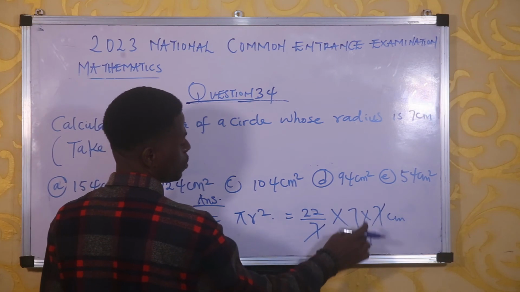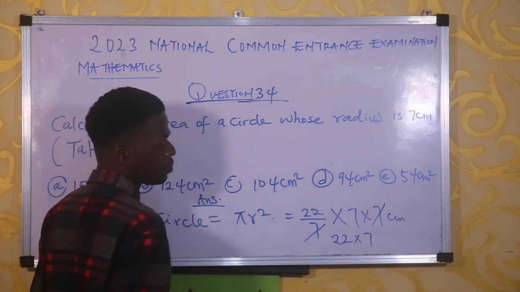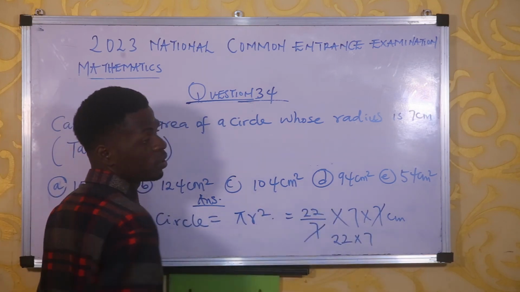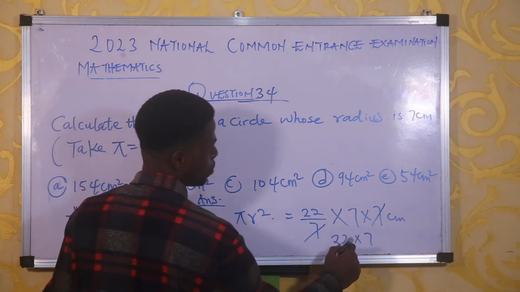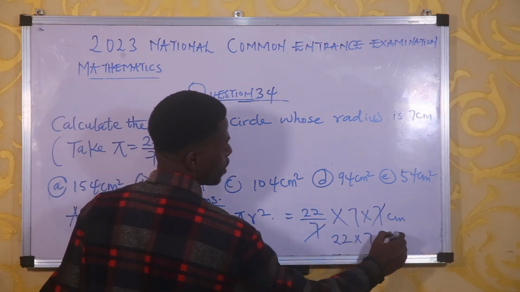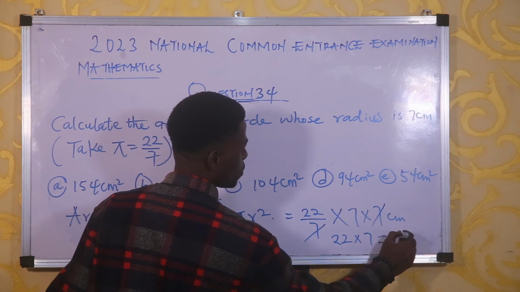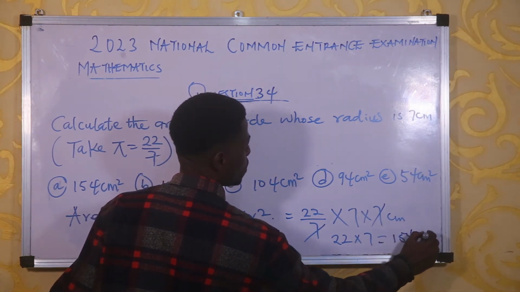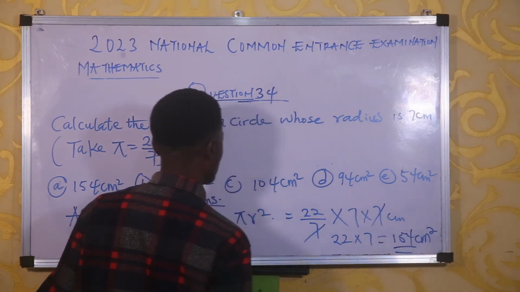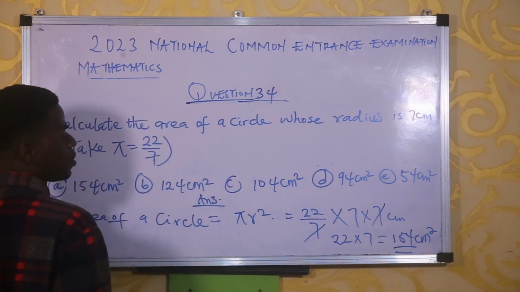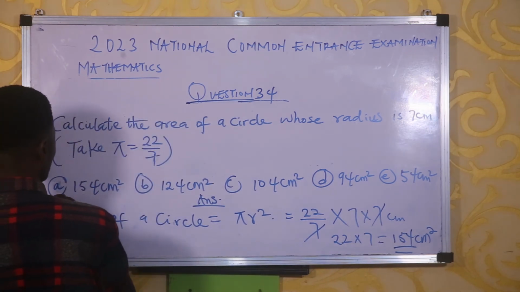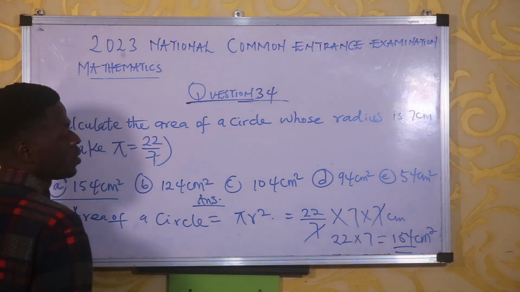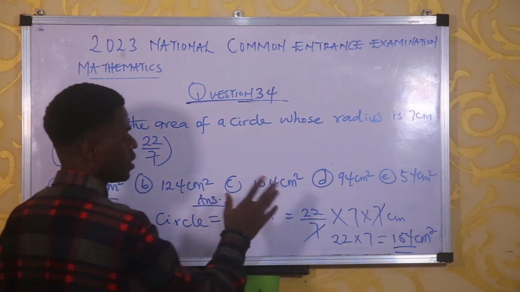So 7 times 2 is 14. Take your 1 up, remain 4. 7 times 2 is 14, plus 1 is 15. So our answer is 154 centimeters squared. So in this case, our answer is option A, which is 154 centimeters squared.